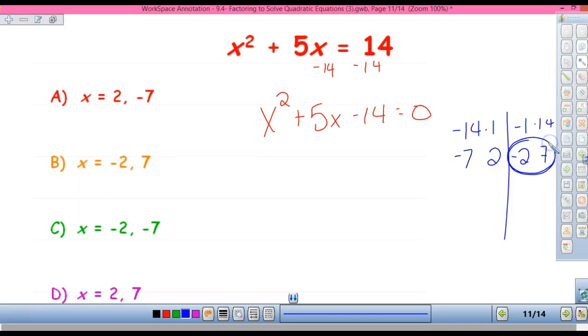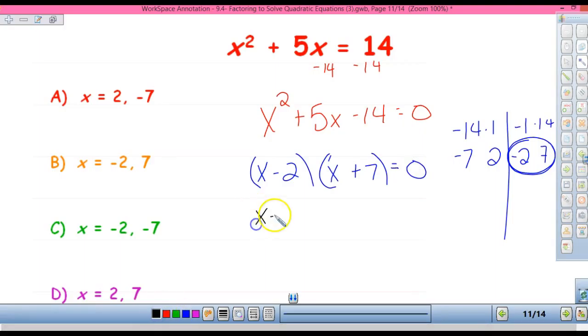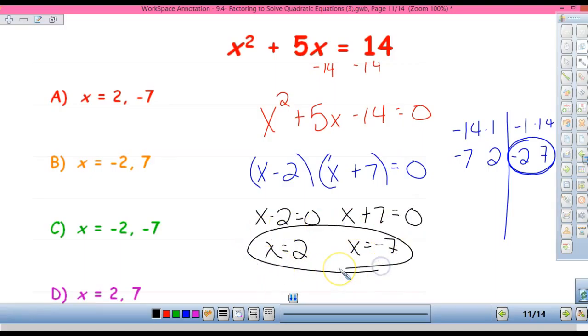This one is the one that's going to get us to a positive 5. So I'm going x minus 2, because that's a negative 2, and x plus 7, because that's positive 7, equals 0. Now I get to set them equal to 0, so x minus 2 equals 0, x plus 7 equals 0, and now I'm solving them. X equals 2, x equals negative 7 matches us up with A.